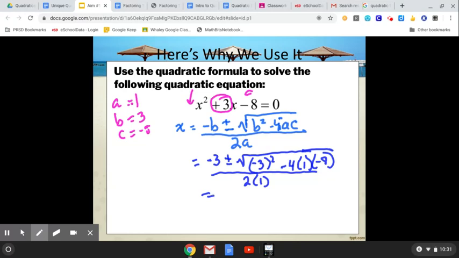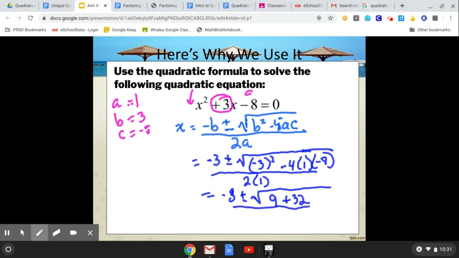Okay, now I'll do the stuff inside the parentheses a little slower this time. Negative 3 plus or minus, that's a 3 by the way, plus or minus the square root of, now, negative 3 squared is 9. Now over here we have negative 4 times 1 times negative 8. That's going to give me positive 32.